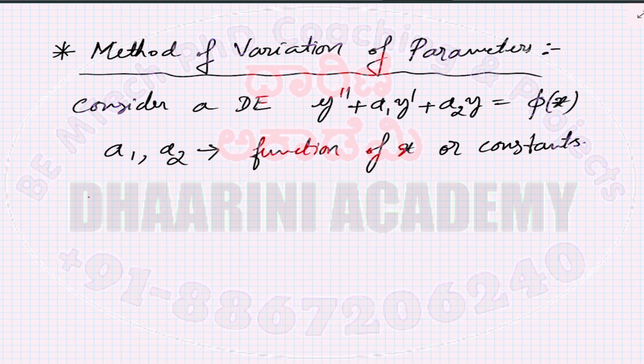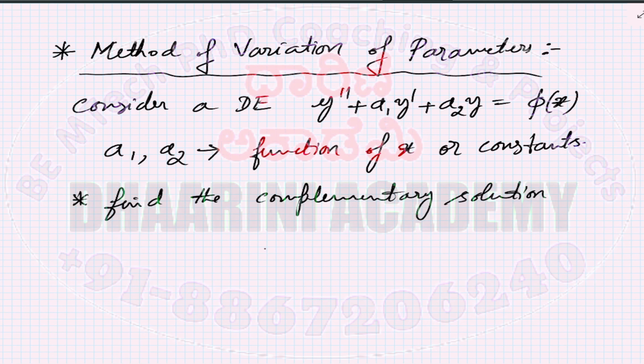So what we do, we first find the complementary solution of y double dash plus a1 y dash plus a2 into y equal to 0. We will solve this and we'll get the complementary solution.